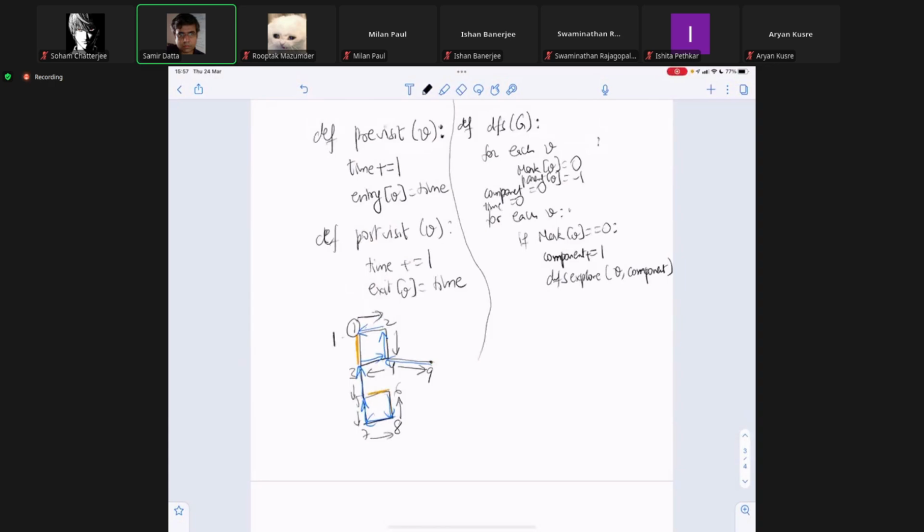So I will write the entry of V first and later on write the exit of V. So 1 is the entry, 2's entry point is 2, 4's entry point is 3, this is 4, then you go below, so you get 5 and 6 and then 7, and I should have written with a different color. So let me go back.